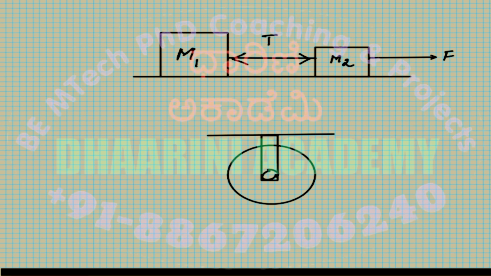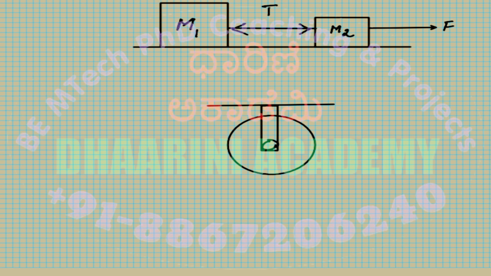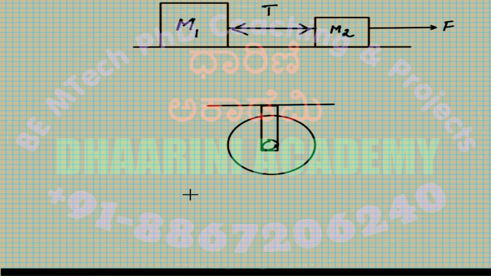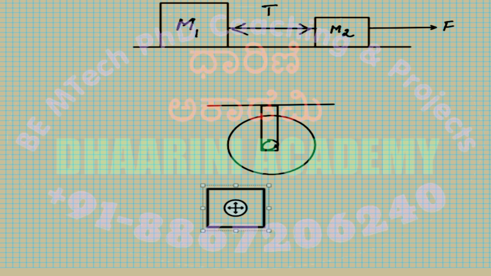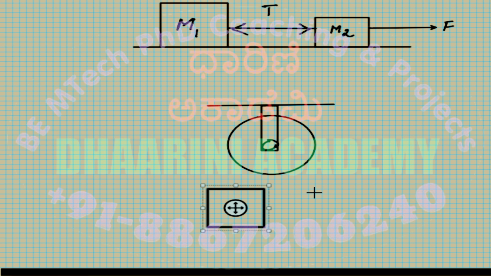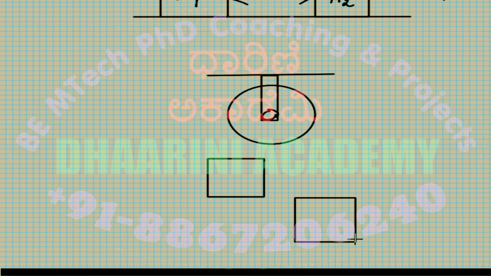Now to this, on both the sides, let us say we are trying to hang various masses. One mass, this, another mass could be this one.